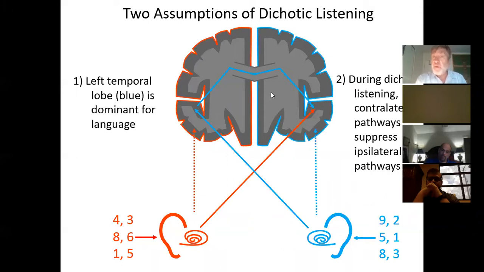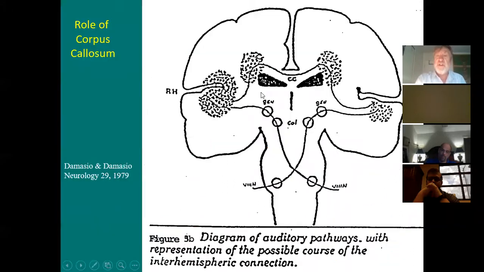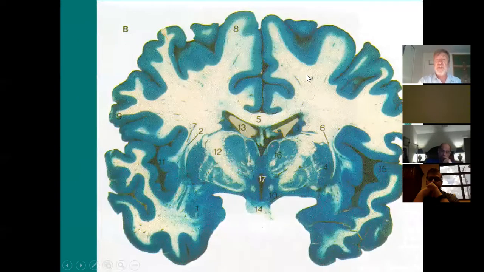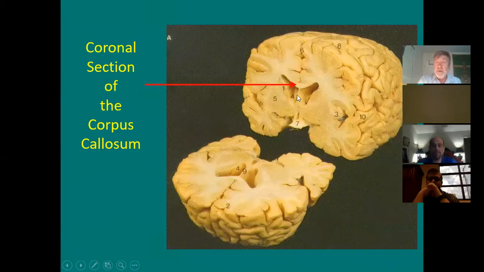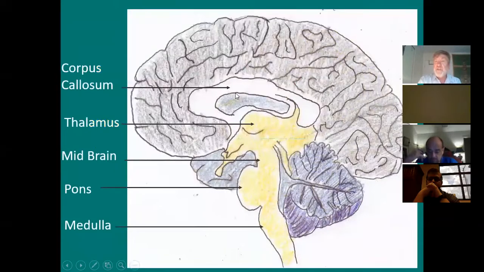And when you're looking at the corpus callosum, let's look at a picture of that. Here, this is showing you a schematic. Here's the 8th cranial nerve, crossover, crossover, and then you've got this corpus callosum in the middle. And here, now a sagittal cut, corpus callosum.